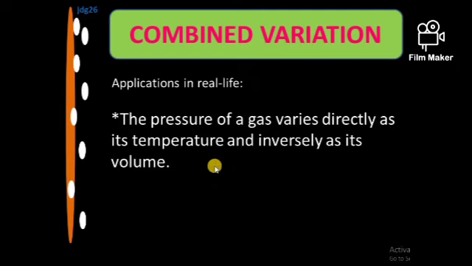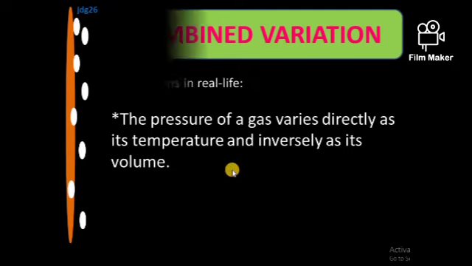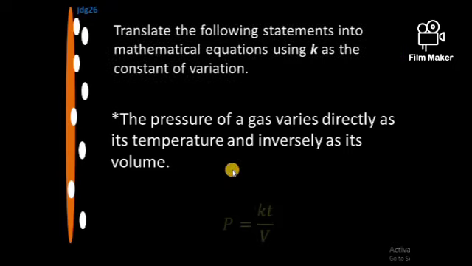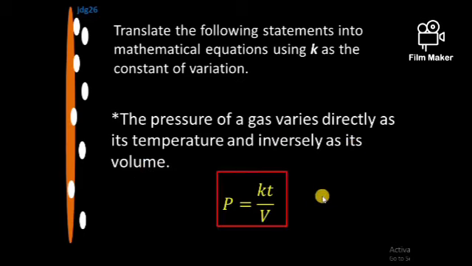So, which means the equation for this situation, using K as the constant of variation, P stands for the pressure of the gas. Since varies directly, P equals K times T, or varies directly as its temperature. So, kasama siya ng K sa numerator kasi nandun yung word na direct. At saan ilalagay kapag may word na inverse? Very good, sa denominator. Since inversely as its volume, so yung volume ang nasa denominator. And that's it.